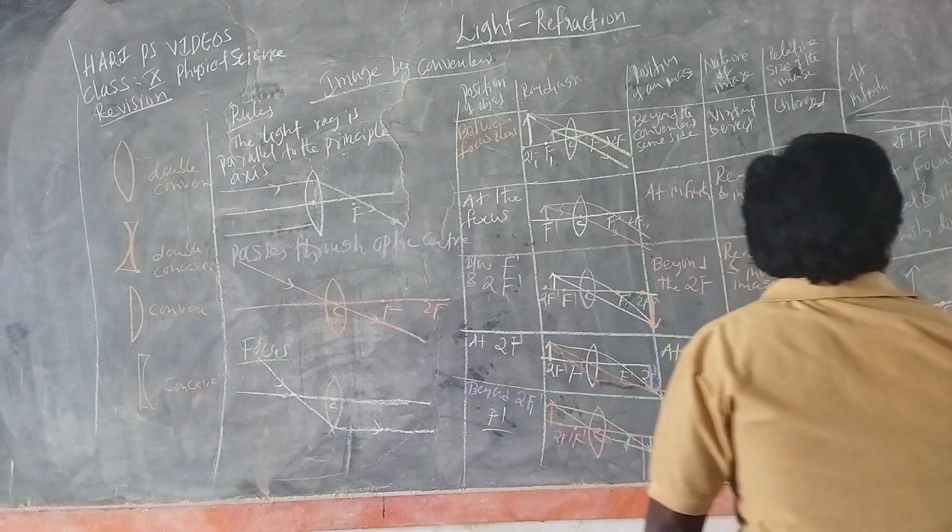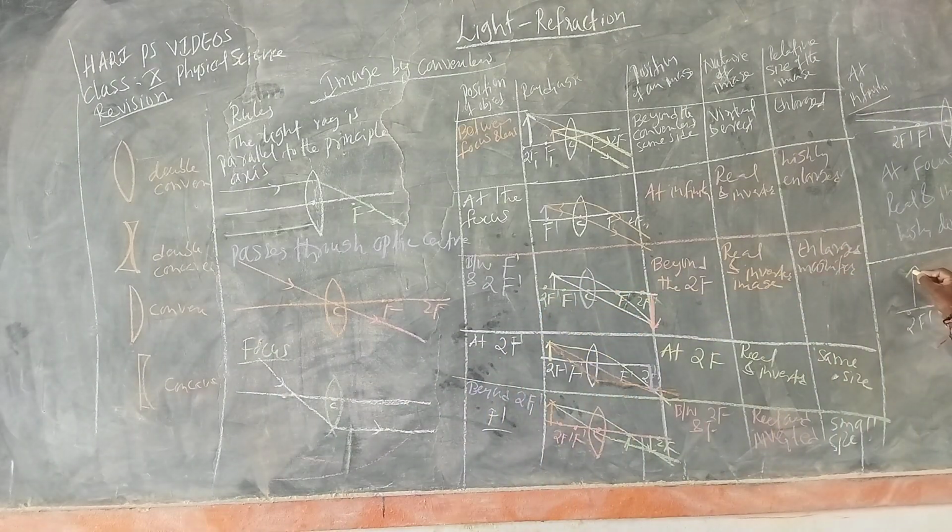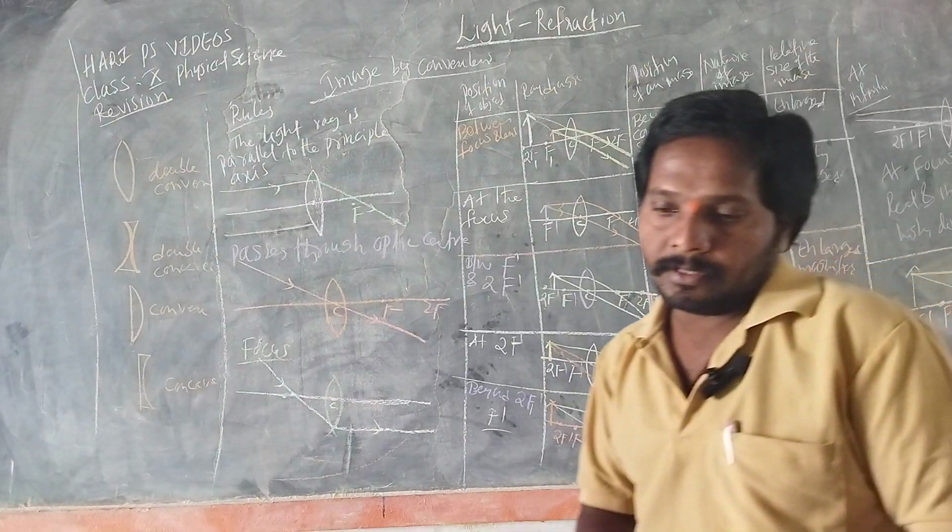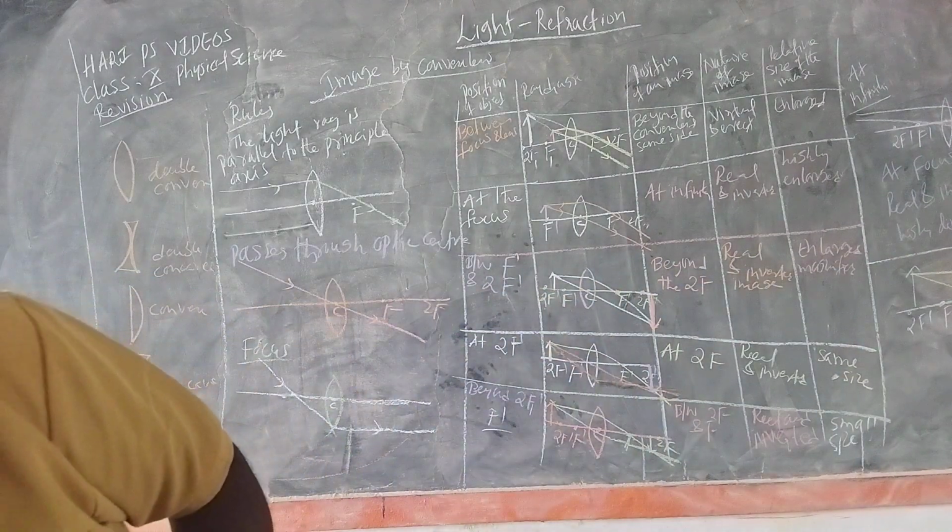So image is formed. Here, even if blackened, the image is definitely formed. It is not a clear image, a dimmer image is formed. This type of question will be asked in the examination.